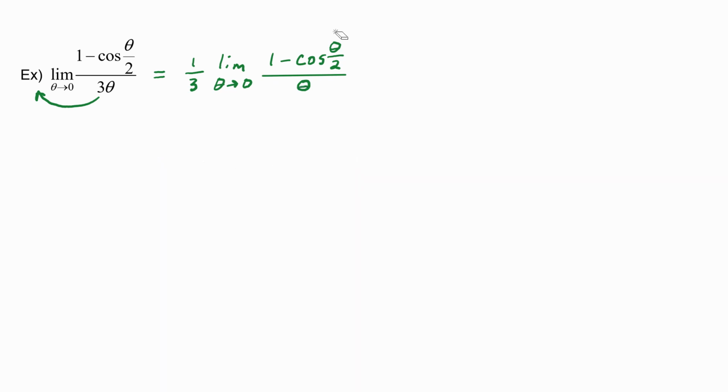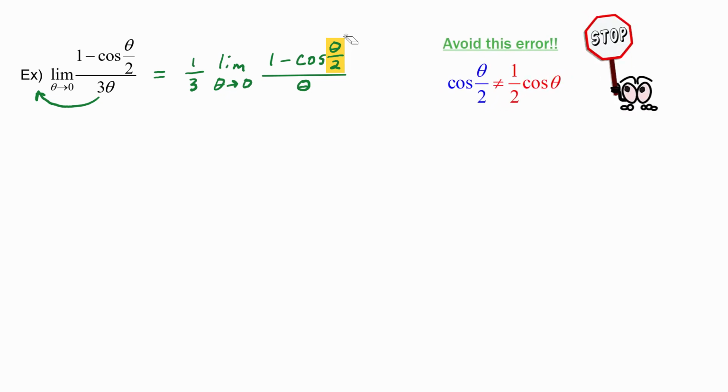Now remember, there's nothing we can do to get the argument of the trig function to be anything other than theta over 2. Cosine of theta over 2 does not equal 1/2 cosine theta. That will never happen, so be careful to avoid that error.